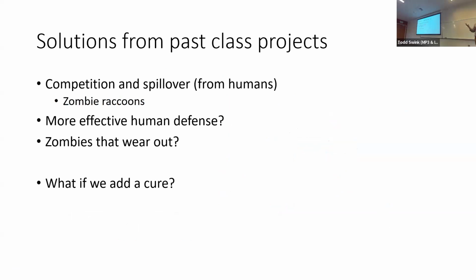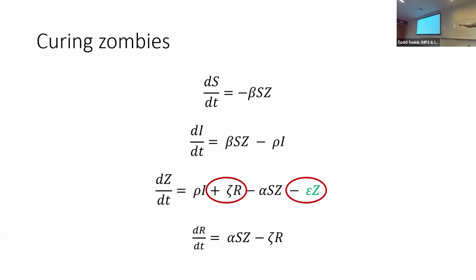and that absorbed enough infection that humans had a chance. Is there a more effective human defense? Do zombies wear out was also a hypothesis that maybe, at the beginning of the epidemic, we don't know. It looks like they never wear out, but they could. And we could add a cure by maybe having a certain number of the zombies that are cured. And maybe they could go back to susceptible, or maybe they're now immune.